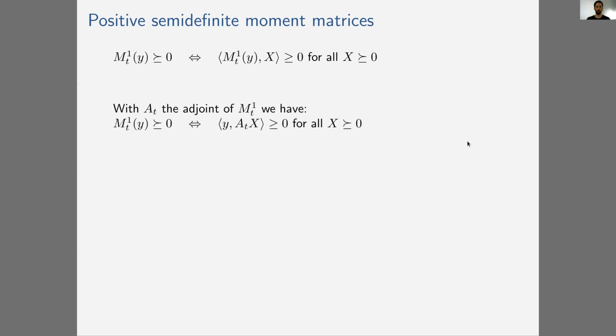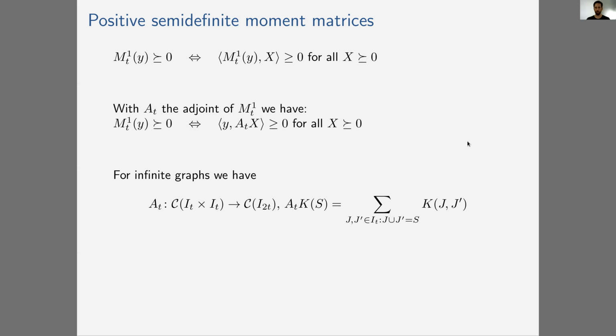Now, the moment map is a linear operator, so it has an adjoint, which means we can write this condition as saying that the trace inner product of y with A^T x must be non-negative for all positive semidefinite x. So A^T here is the adjoint operator, and then you can just write out what A^T is explicitly.